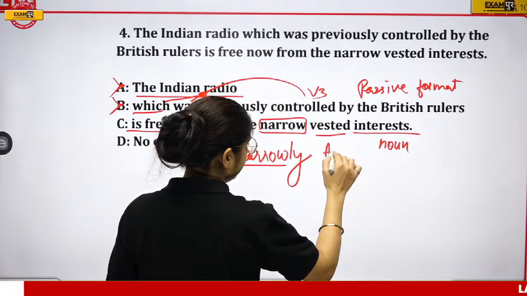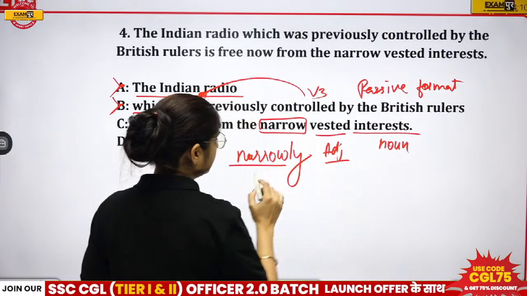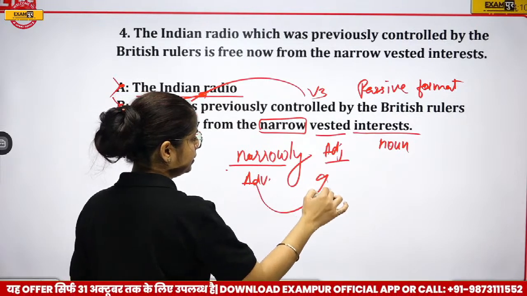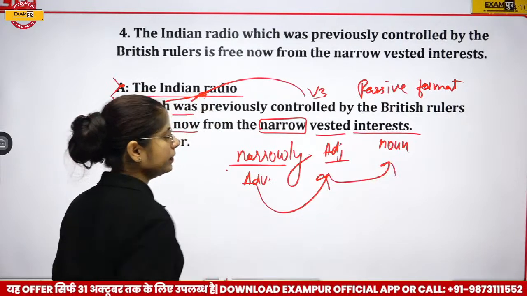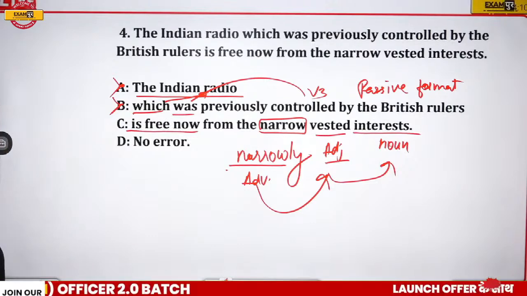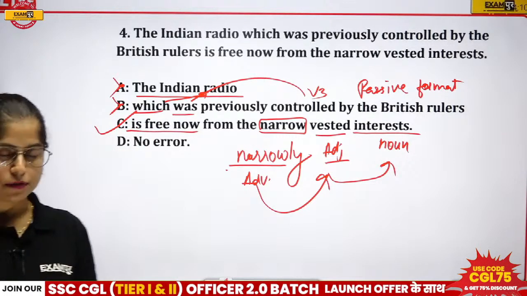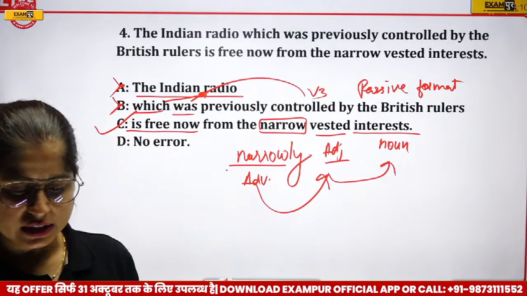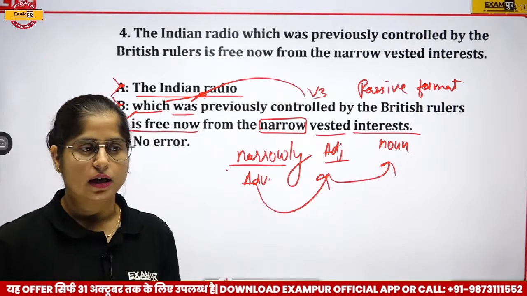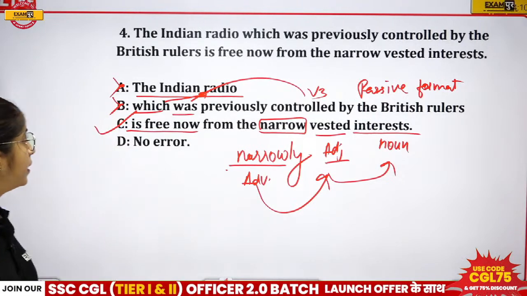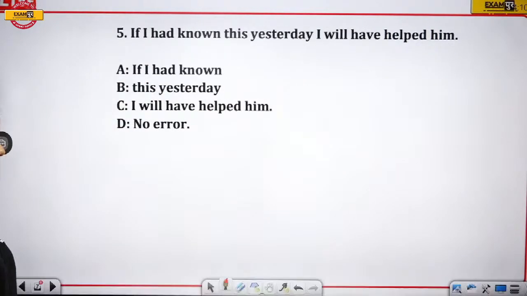Vested functions as adjective or past participle, you can say, and this is adverb. Adverb, qualifying adjective, qualifying noun, right? Okay, so here the error lies in part C. In the place of narrow, the word that was needed was narrowly, which is an adverb, right? Okay, very good. Let's move to the next question, and here we go.